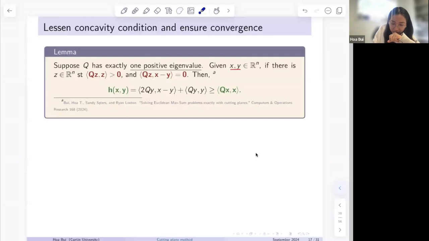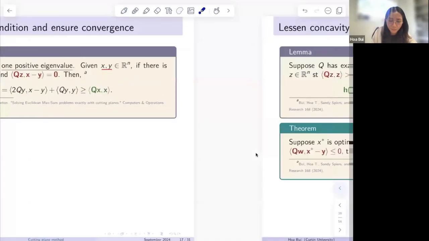Meaning that the tangent plane constructed at y admits x as a feasible solution. So we can actually characterize a concave direction of a quadratic function.